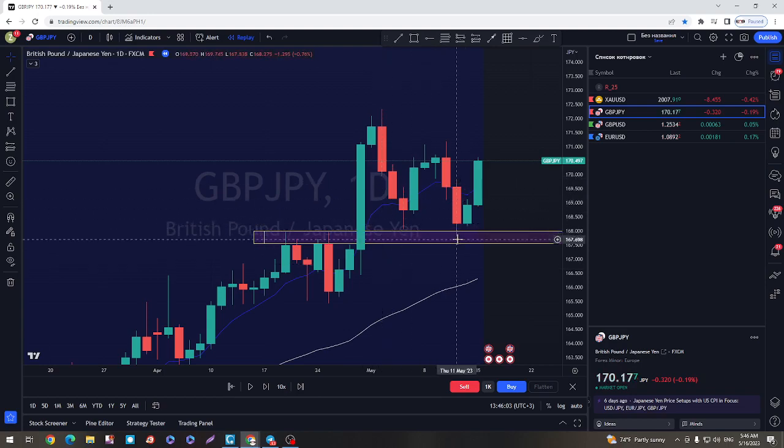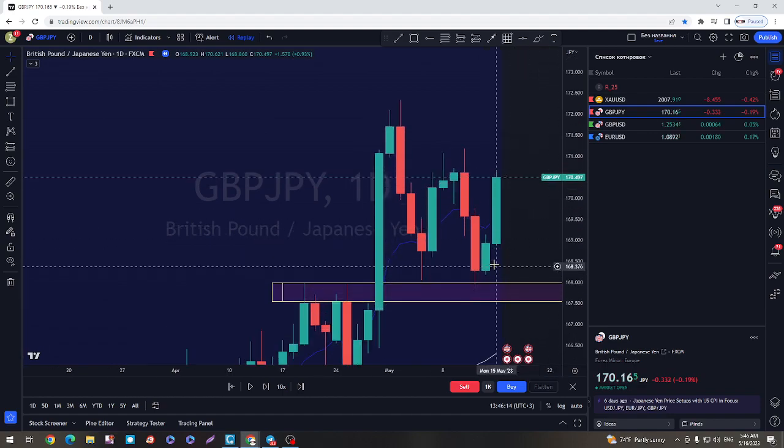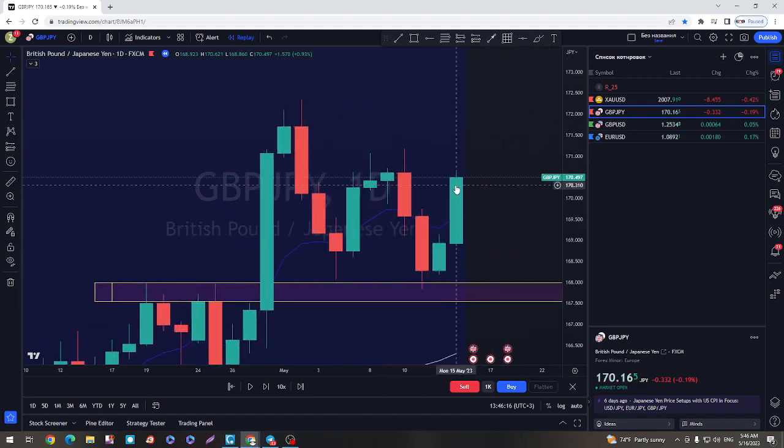Tapped in the support, and then showed me the bullish move, and then again a bullish move. But watch this candle, that was on Monday. It's a beautiful bearish candle and broke above this 8 EMA. It broke above this candle and everything changed, yeah.